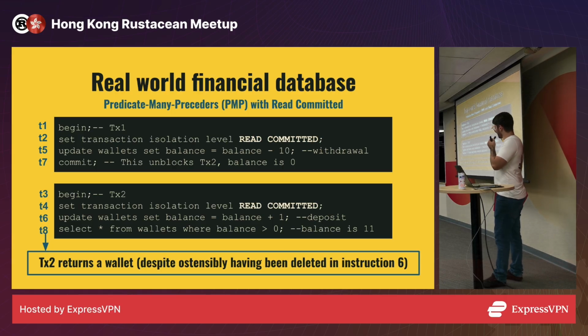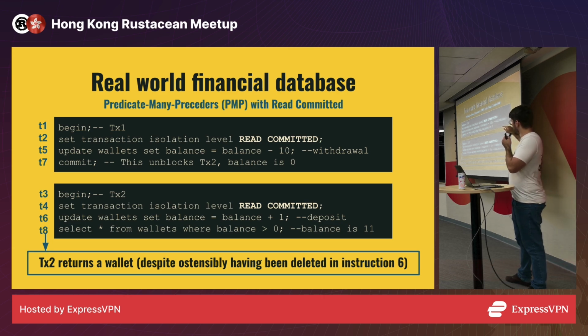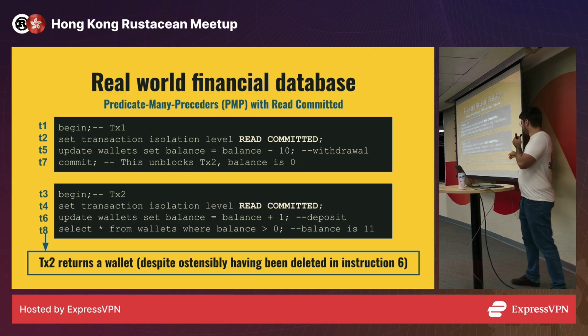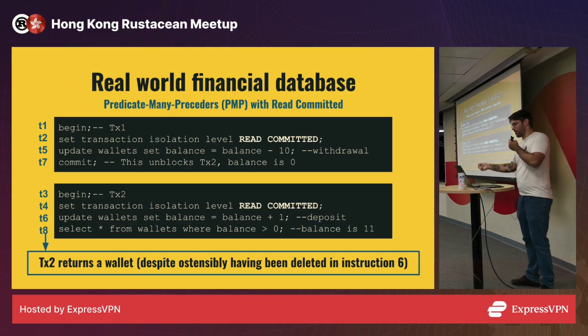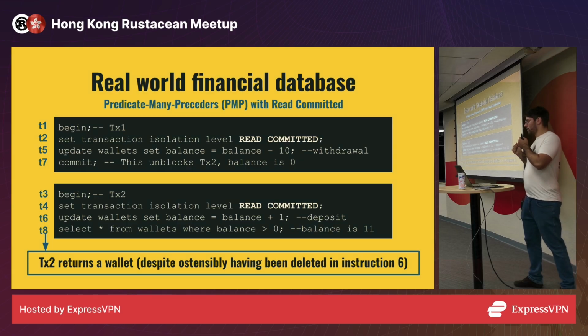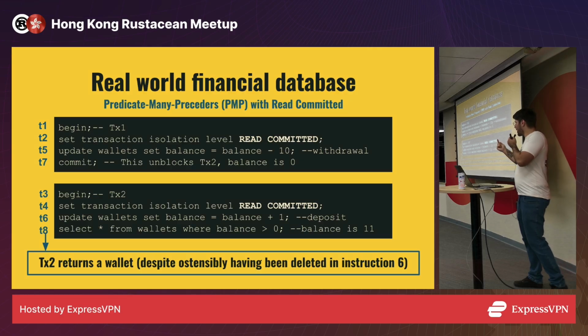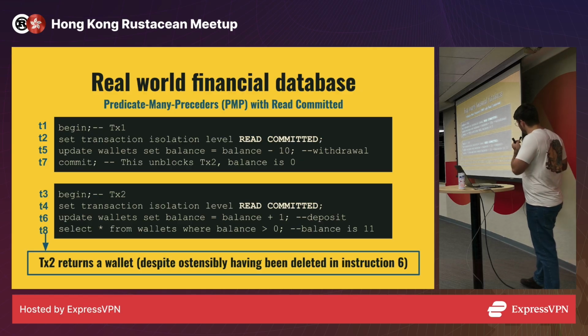You commit the first transaction, you unblock the second transaction, and when the second transaction looks at the balance, it is 11. And when it gets committed, the actual balance of the attacker went up instead of down. So he withdrew 10 Bitcoins and got 1 Bitcoin back into his balance.